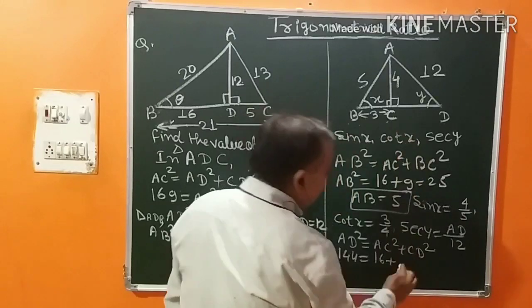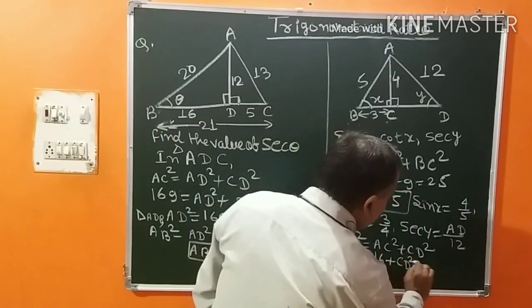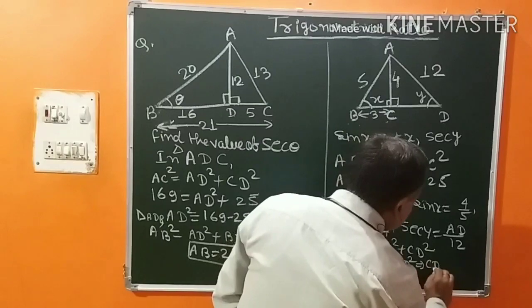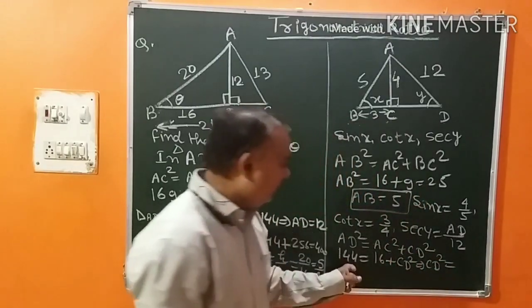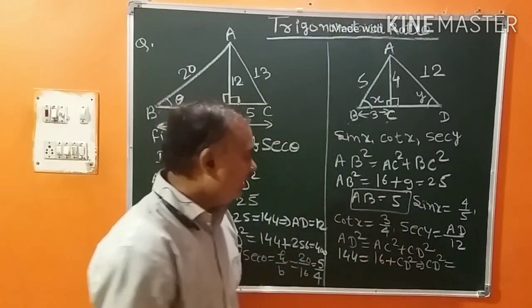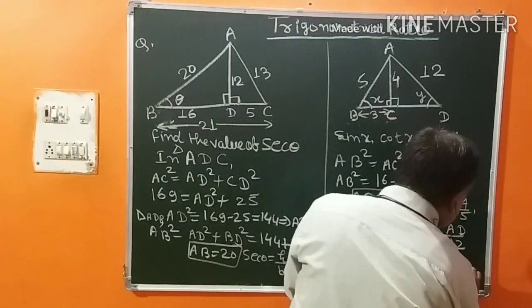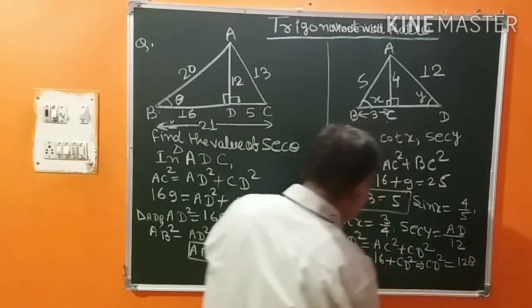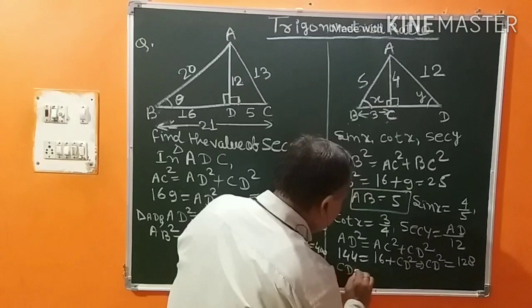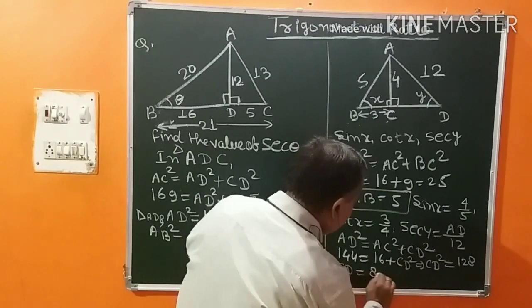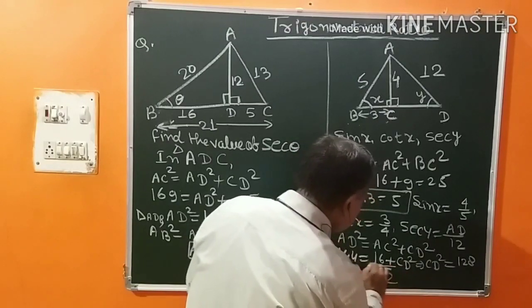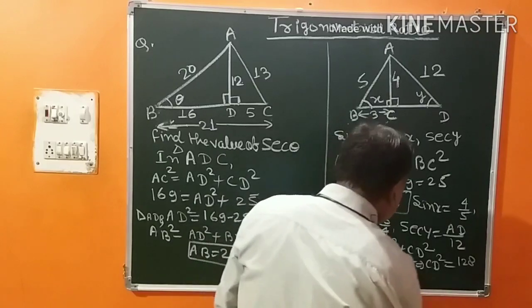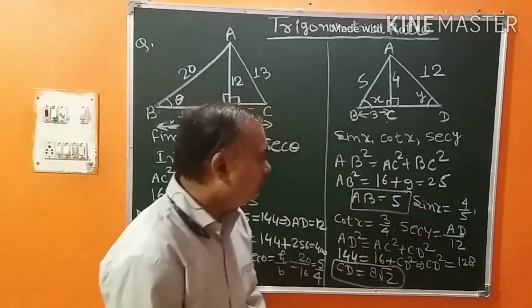And CD, that we have to find. So we can write CD square equal to 144 minus 16, it will be 128. Or the value of CD, that is 8 root 2. It is clear?